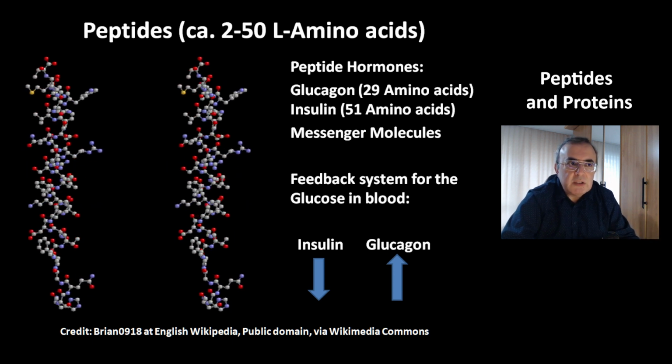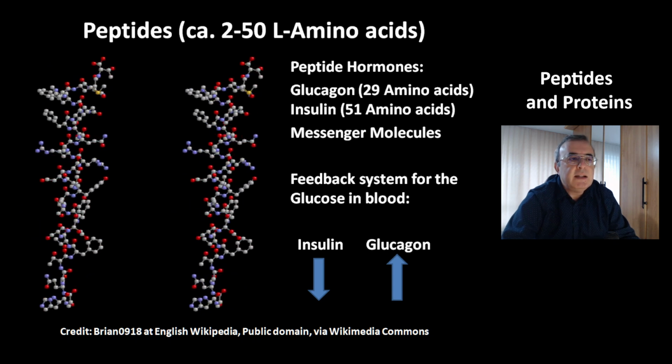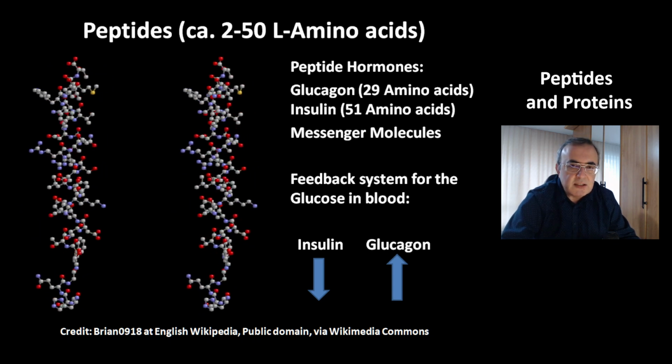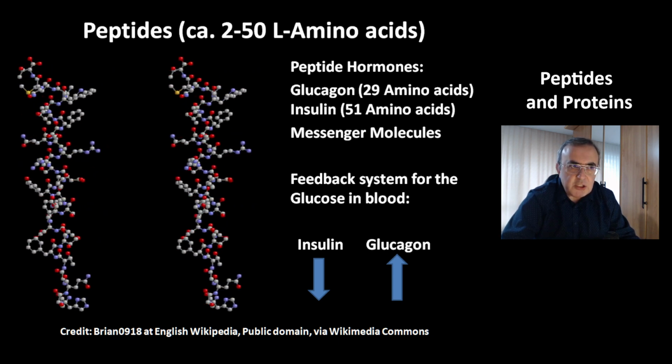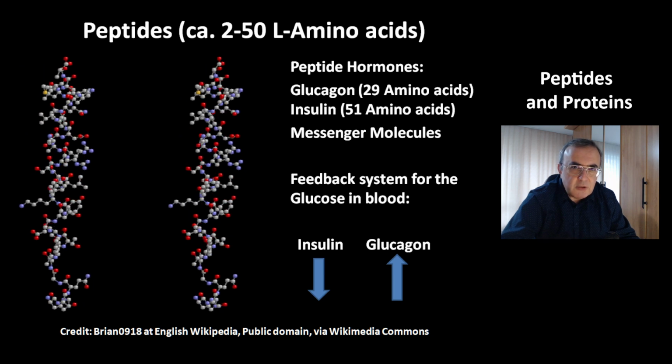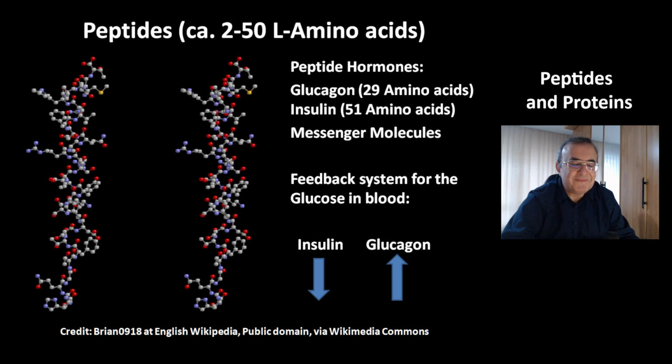And when it's too low, then the hormone glucagon kicks in and starts the production of glucose. And this system makes sure that the concentration of glucose in blood is in a certain concentration range, which is healthy for the organism.